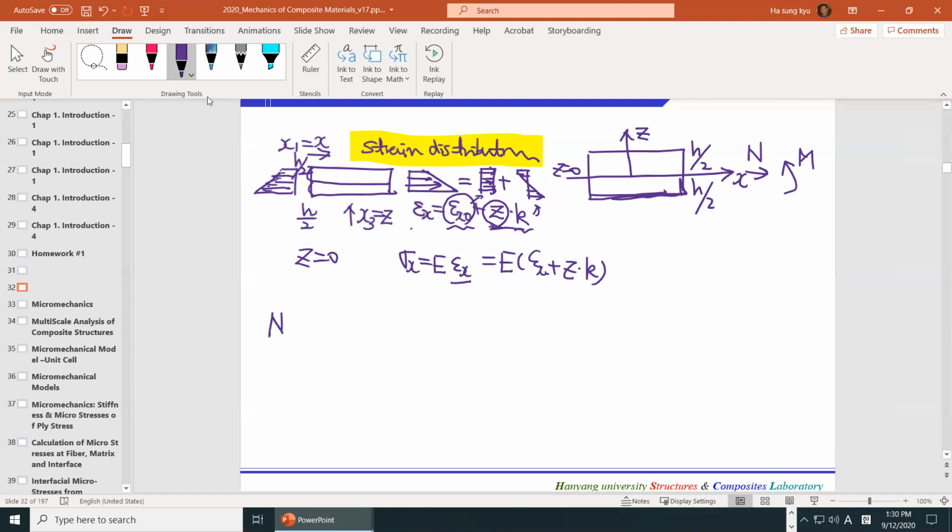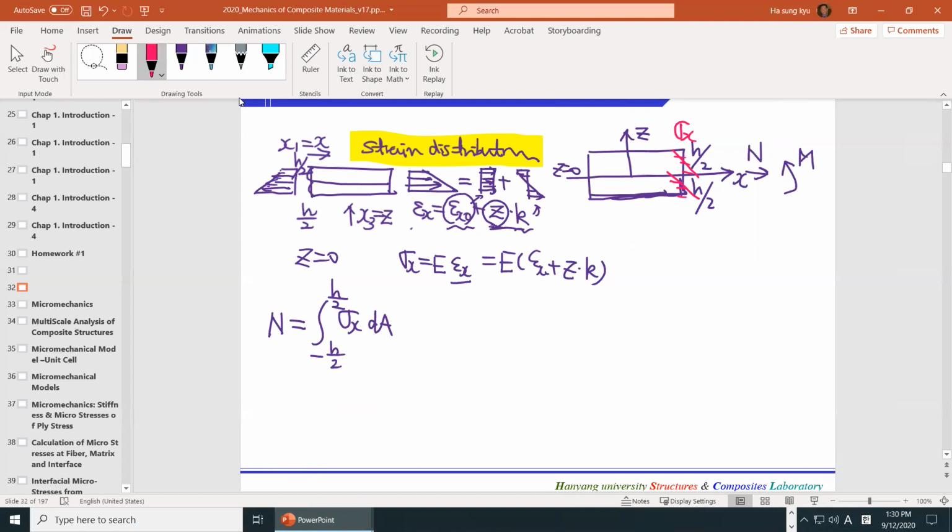So by definition, what is N? Well, N is the sigma x distributed over the cross-section dA, from the bottom to the top side. And very importantly, we don't know how sigma x is distributed.